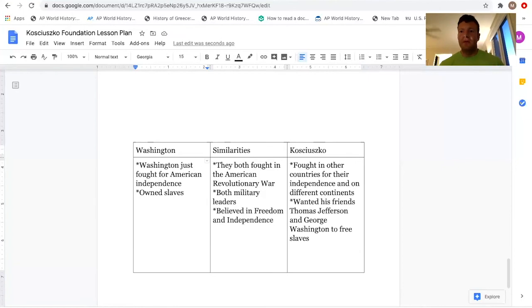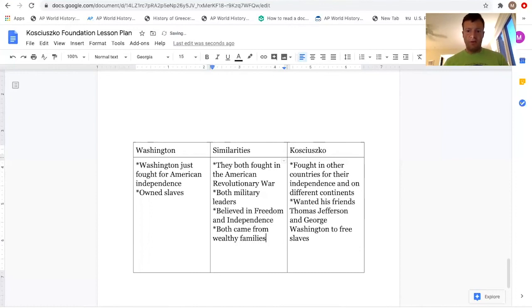And so in those two instances, that's another example of them differing in their beliefs. One other similarity that they had is they both came from well-off or wealthy families. So they both came from families that had a decent amount of money, and so both of them became more successful because of that.